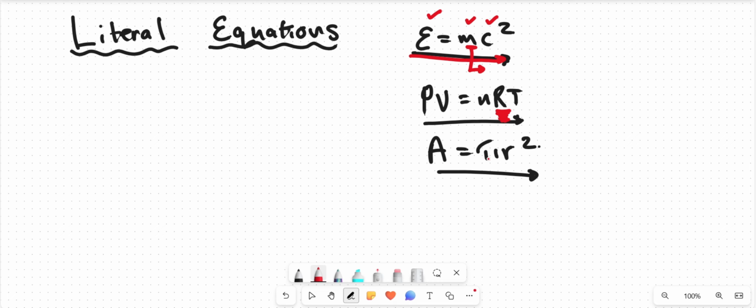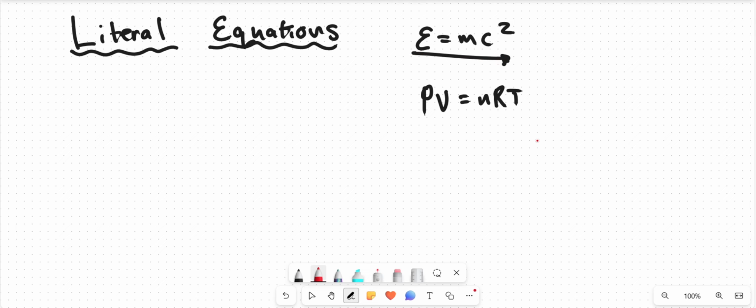Or this one that says area is equal to pi r squared, I could get it to have the radius equal to the rest of the equation. So that's what we are doing in literal equations. We're taking an equation that's already given, a formula or something like that, and we're making a specific variable the subject of the formula. I hope you get that.